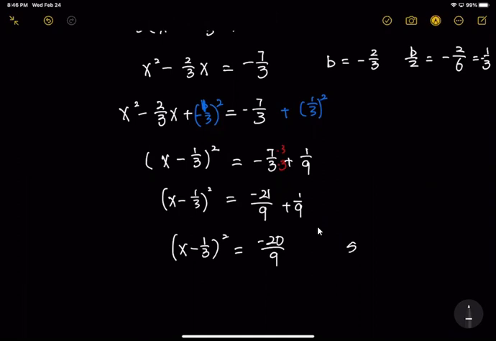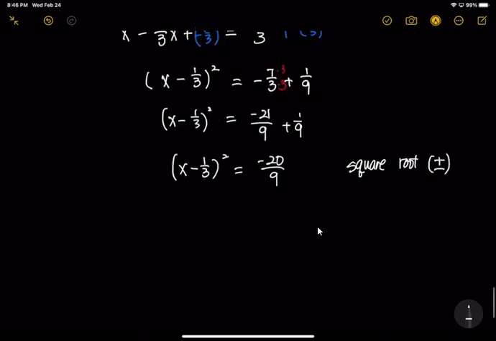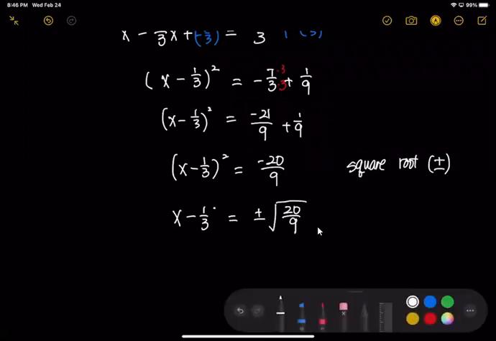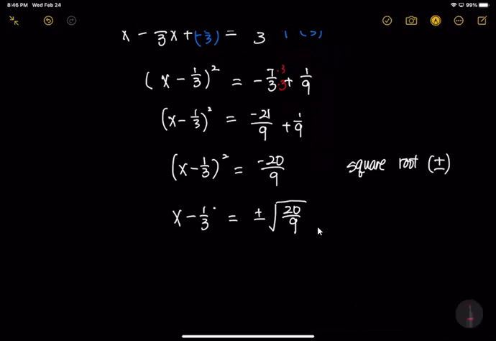Well, now we take the square root of both sides, and we will have a positive and negative solution. We have x minus 1/3 equals positive and negative square root of -20/9. Don't forget the negative sign.